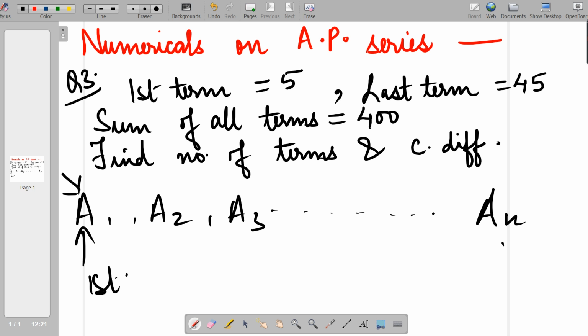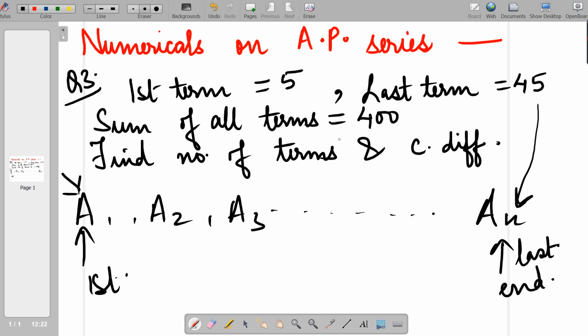Now this AN is the last element, the end point of this series. So this 45 value is for AN, the last element of the series. First term 5 is the A1 value. Nothing else is given about this series.